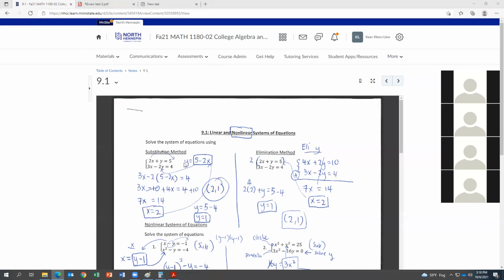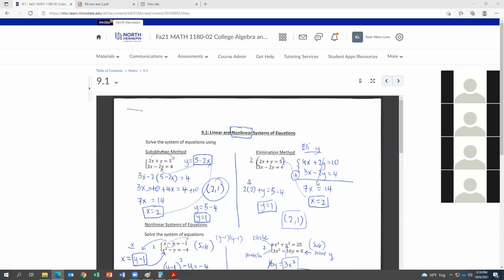Substitution means you try to make it y equals or x equals, and then you plug it back in there. Elimination means you pick a variable you want to eliminate, make them the same number, add them up, and then solve for x. And don't forget, once you find x, you have to find y by plugging back in there. Or if you find y, you have to solve for x.